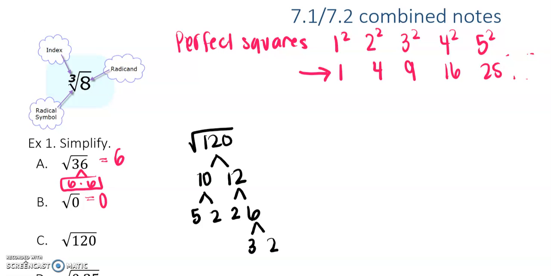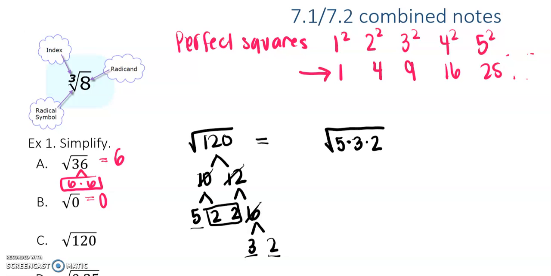Again, you want to find any pairs, so like matching, so you match these two, and then you have a 5, a 3, and a 2 left, so those don't have a pair. Whatever doesn't have a pair is going to be inside the radical, so 5 times 3 times 2.